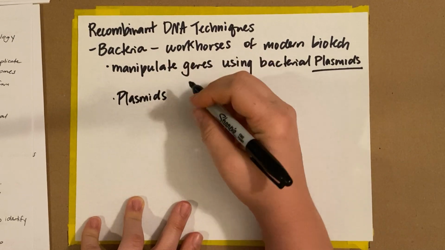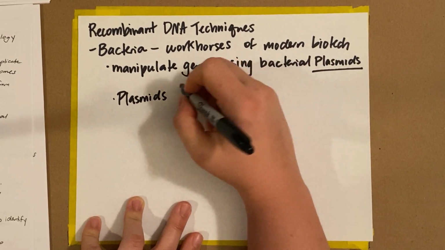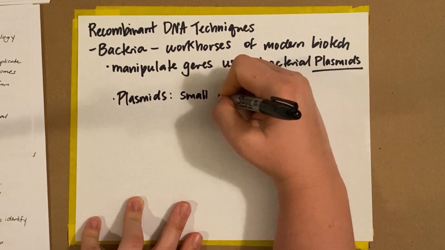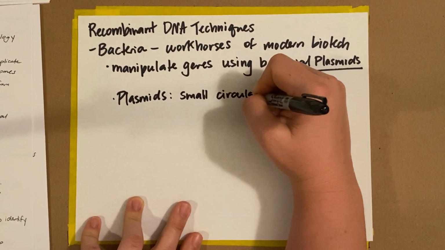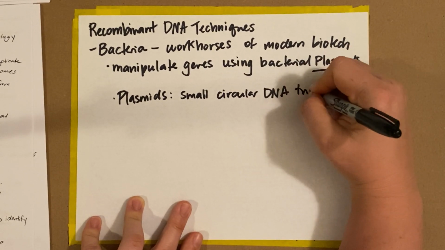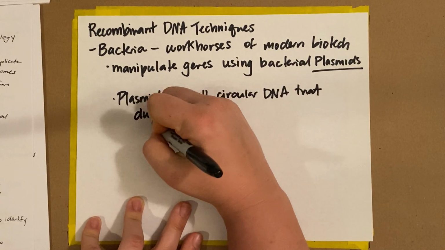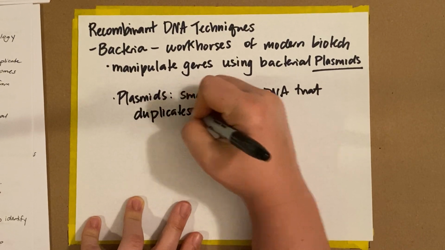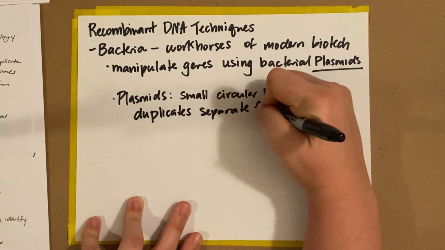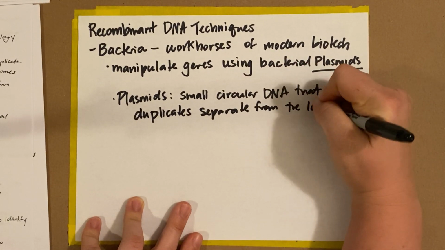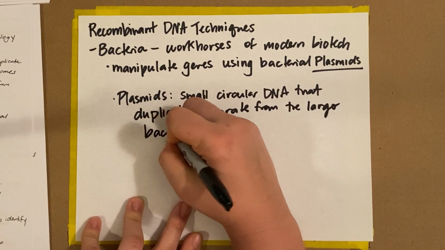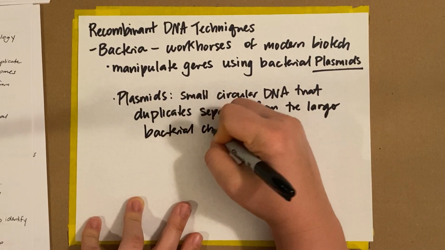Plasmids are short, small circular DNA that duplicates separate from the larger bacterial chromosome.